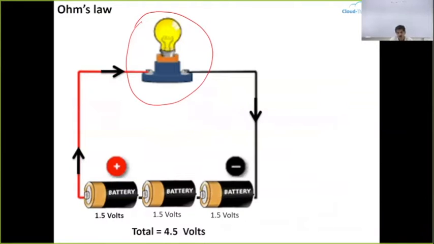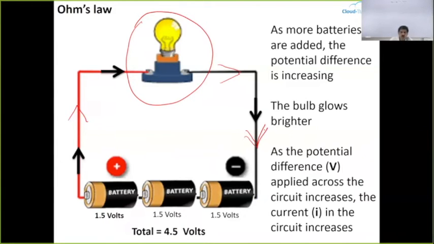Now, the current which is flowing in the circuit in this direction is increasing as more and more batteries are added. As more batteries get added, the bulb becomes brighter, and it indicates that a bigger current is flowing through the circuit.